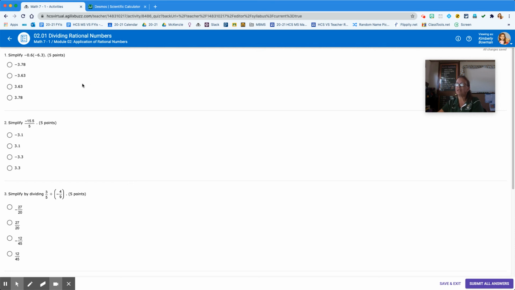If you can't, let me know, and I will look into it. But when you're working this, if you have to go somewhere, make sure you save and exit, because if you just close it, it submits it. So if you have to walk away to go have dinner or whatever, make sure you click save and exit, and then you should be able to come back to it.